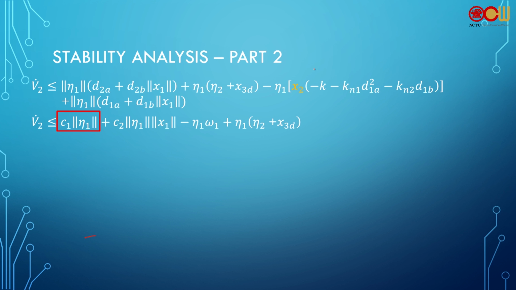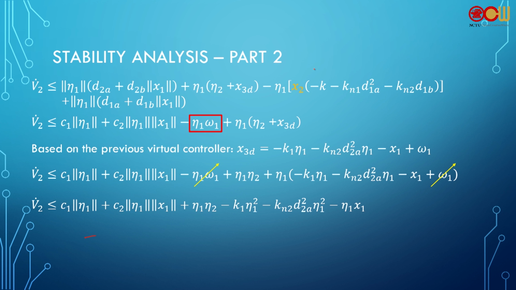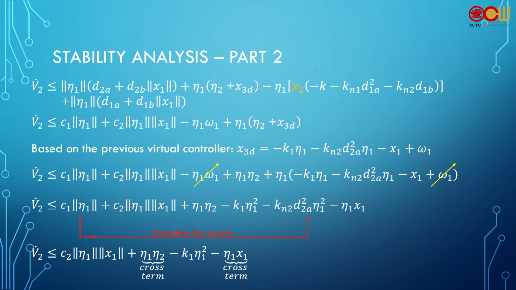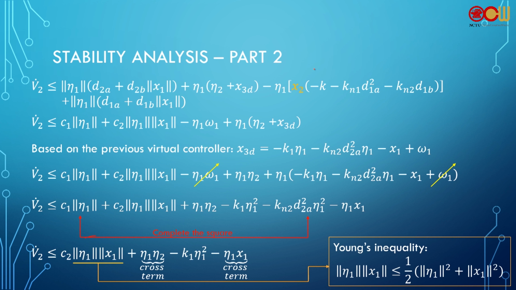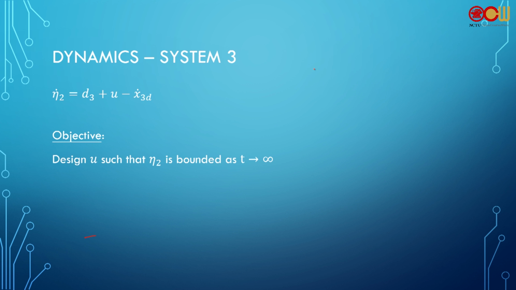And this one can be taken care of by completing the squares. Here might be cross terms, so take care by completing the squares. And this one, we upper bound by Young's inequalities. And the square term goes to different systems combined with good terms. Eta 1 here. System 3, following the same procedure.